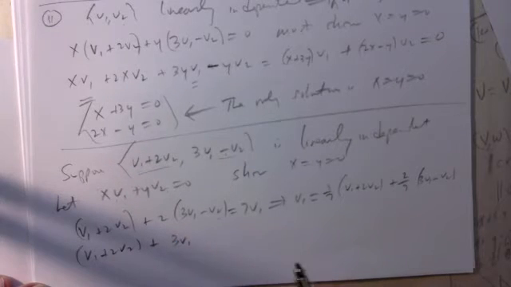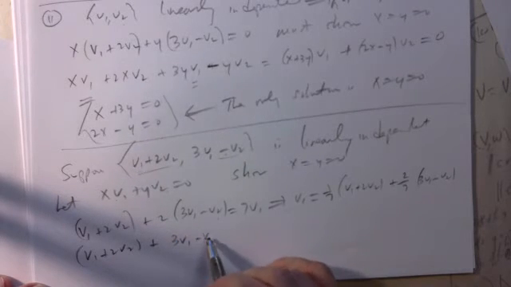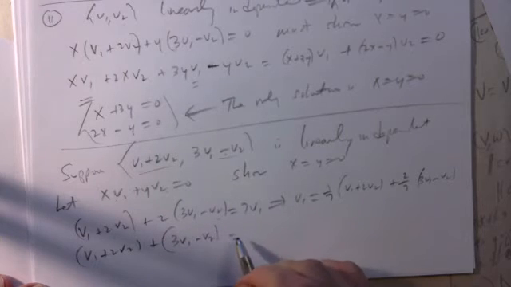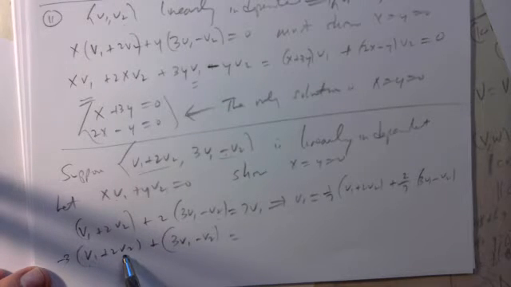If I take minus 3 times v1 plus 2v2, plus 3v1 minus v2, the v1s cancel, and I get minus 7v2.